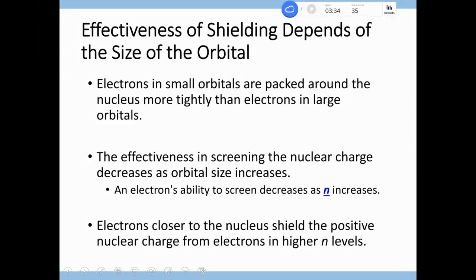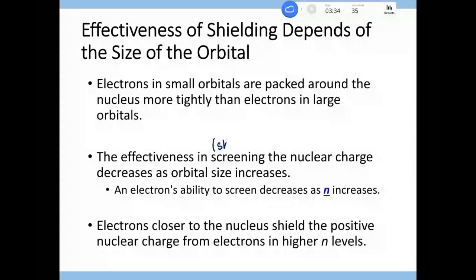The effectiveness of screening, I'll use both terms, the effectiveness of shielding, so the degree to which an electron shields other electrons, decreases as that electron's orbital size increases.